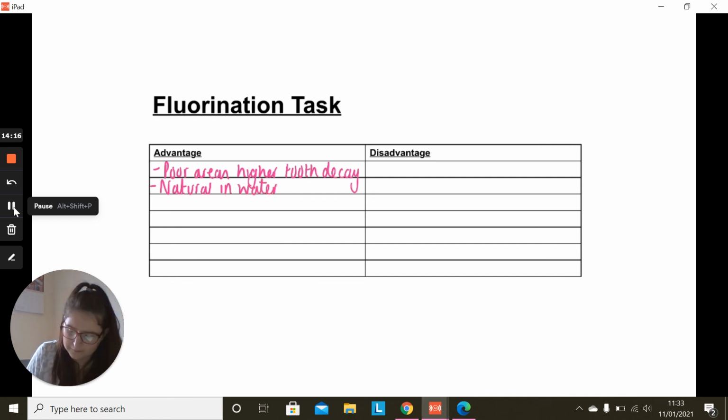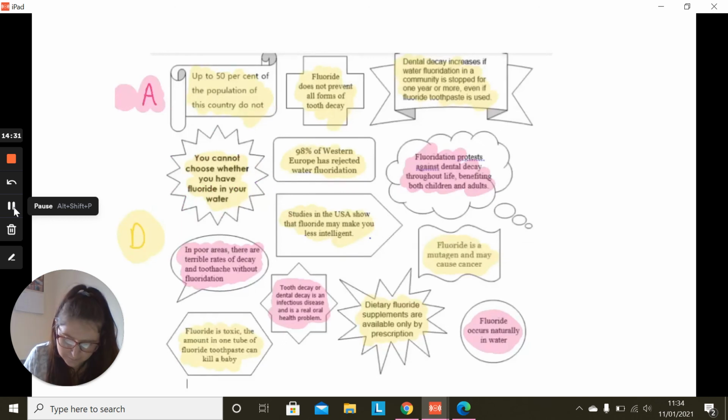Anyway, what else did it say? Tooth decay is a health issue. So if we can do anything to remove it, it's a benefit to us. And then we had it prevents dental decay.